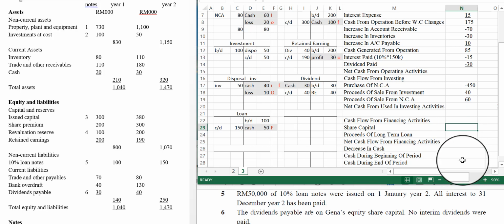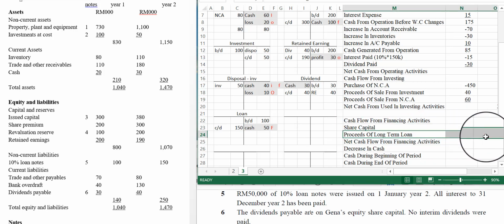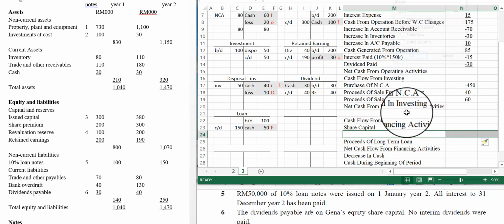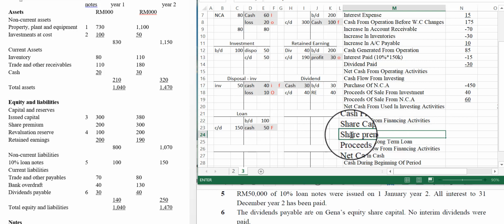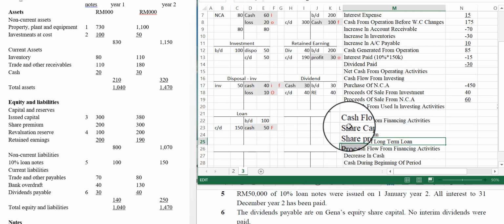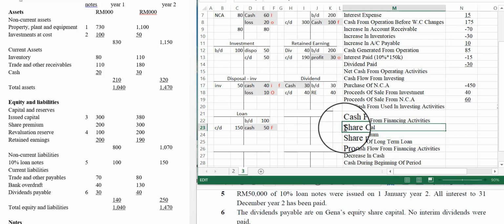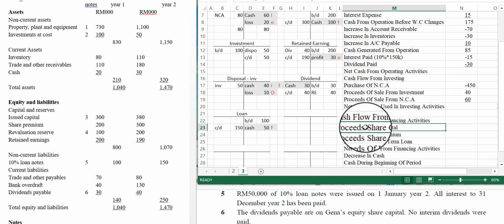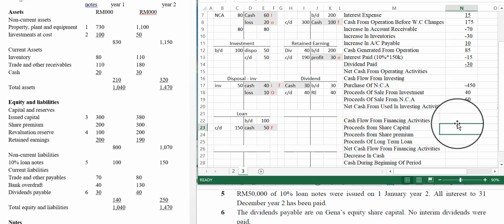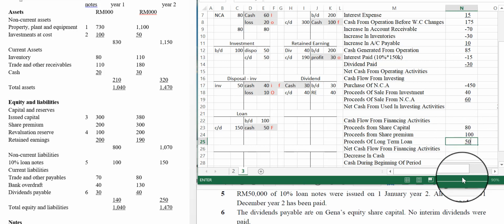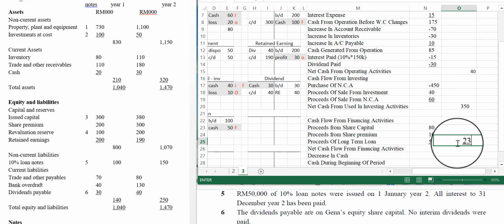So here you have increased three things: share capital, share premium, and you should write proceeds from loan. Share capital, share premium, and loan is 50. So in total you have 230.